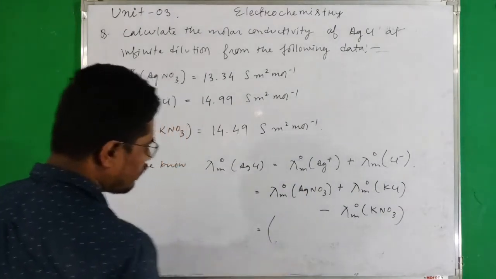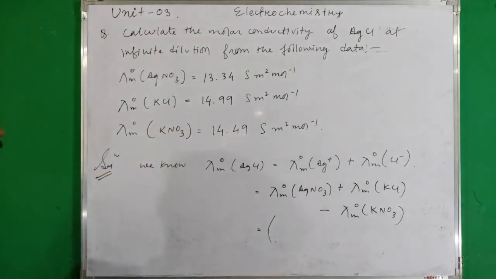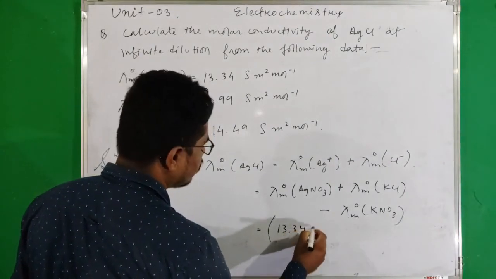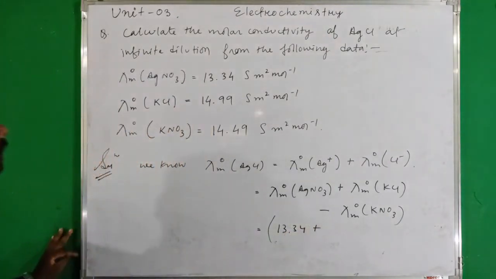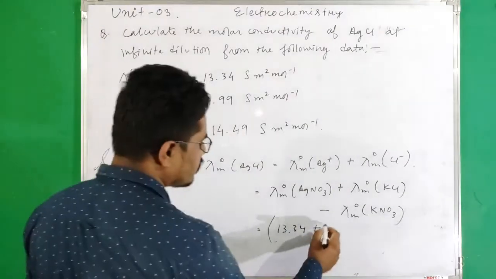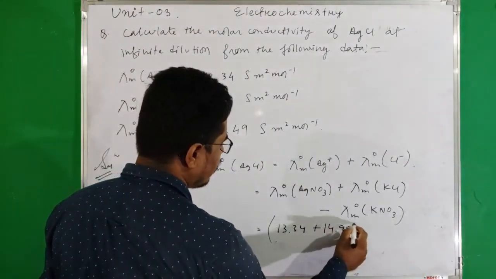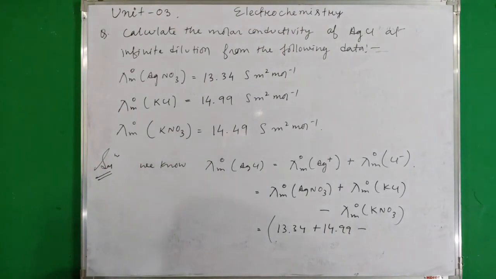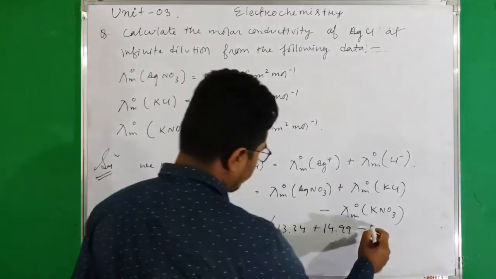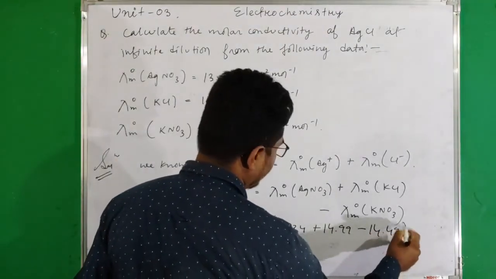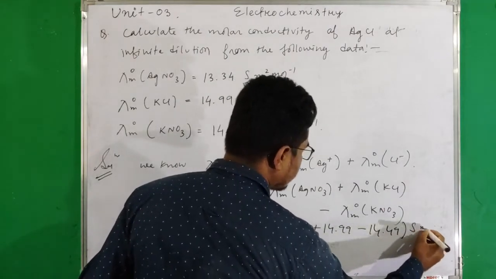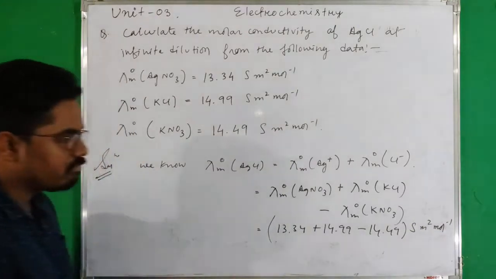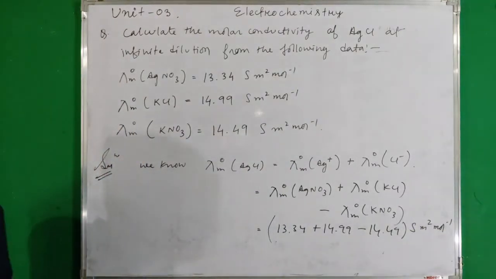The value of lambda m naught for AgNO3 is given as 13.34, then for KCl the value is 14.99, and then minus for KNO3 the value is 14.49, and the unit is the same for them, Siemens meter square per mole.